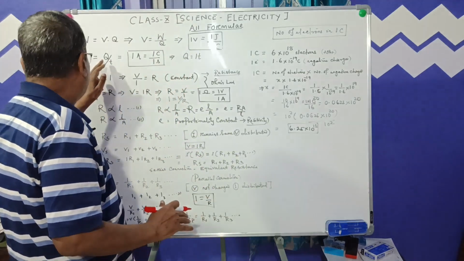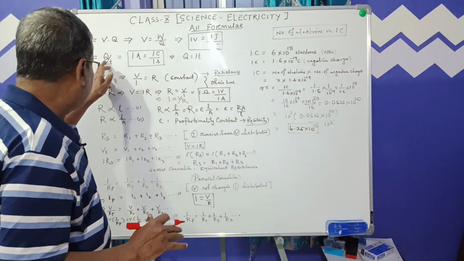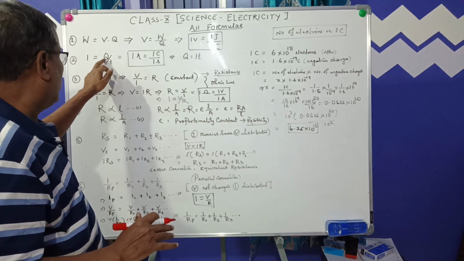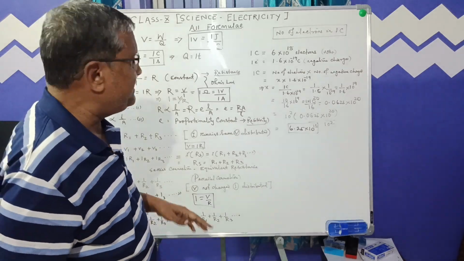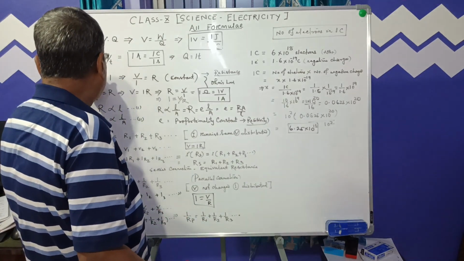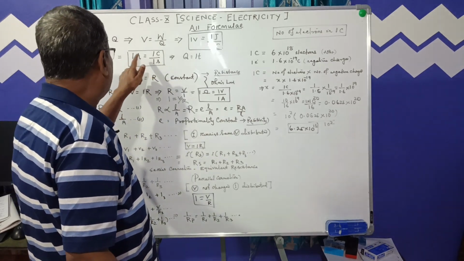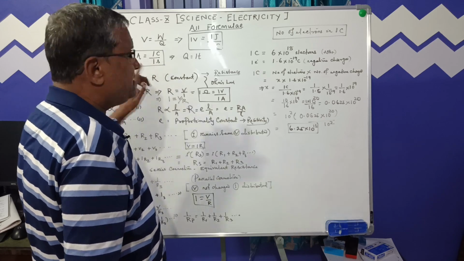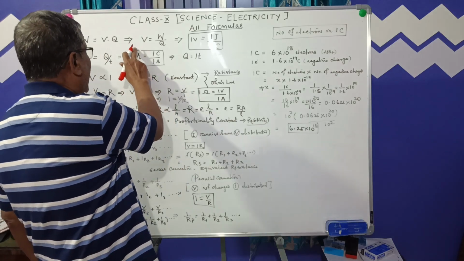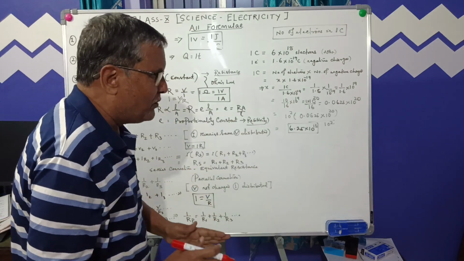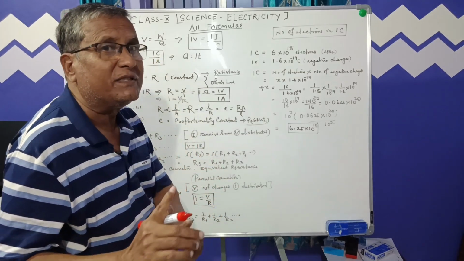Q is the amount of charge flowing, per unit time, Q by T. So we can express it in SI unit, that is 1 ampere, because the ampere is the unit of current and coulomb is the unit of charge, and T is in seconds. So 1 ampere current flows due to the flow of 1 coulomb charge per second.